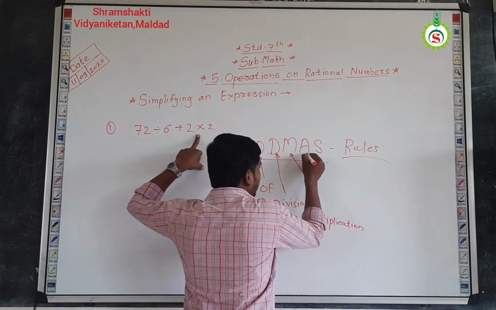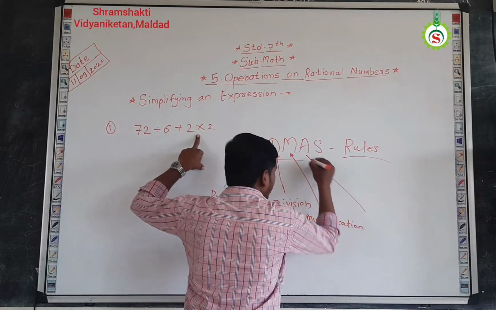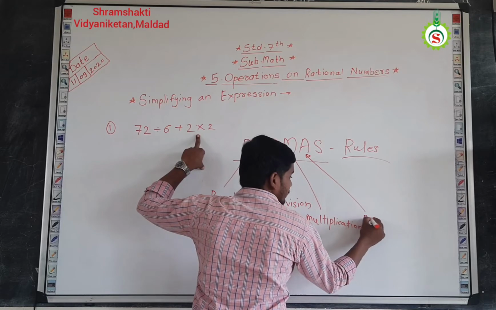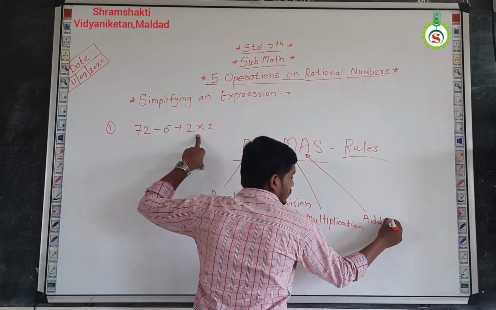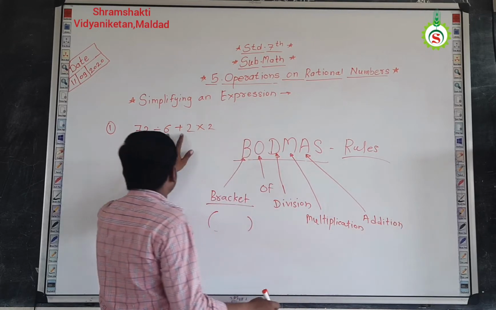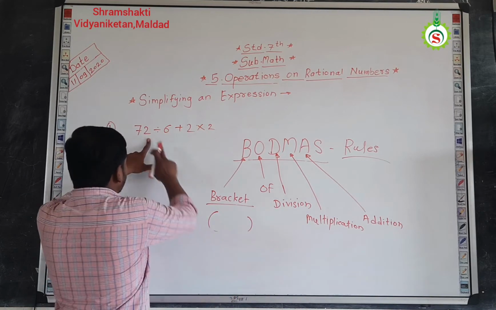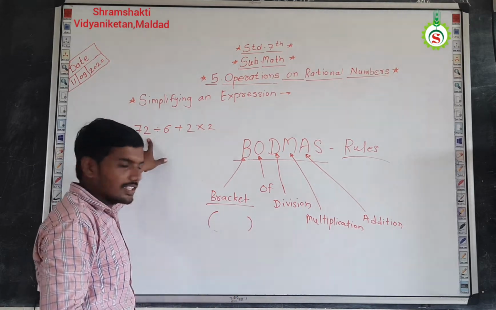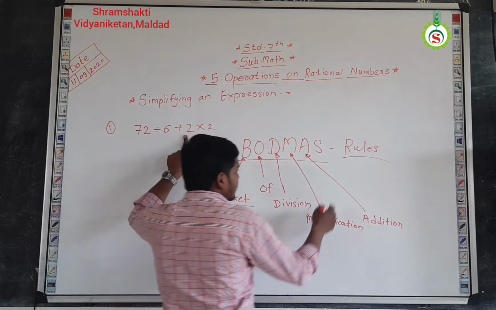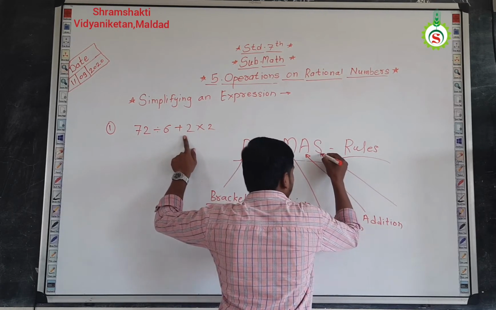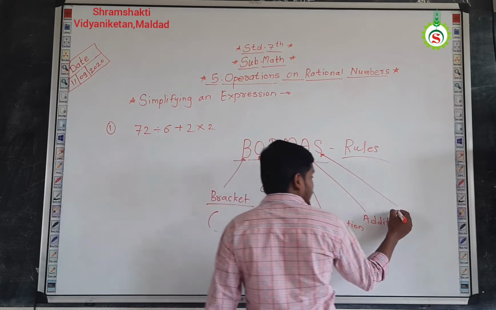After the multiplication there will be the addition. Here is the addition in between the division and multiplication, so I will do the addition. After the addition, at the last there will be S. S means subtraction.